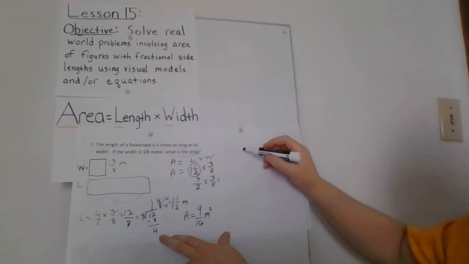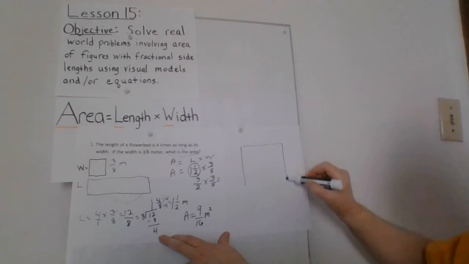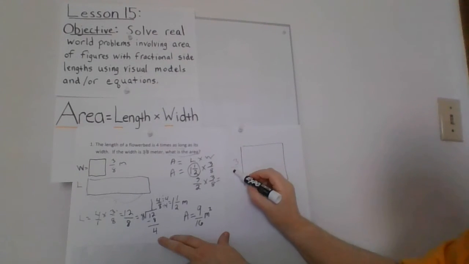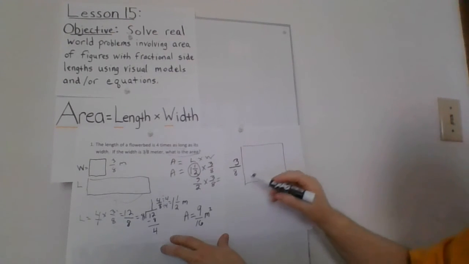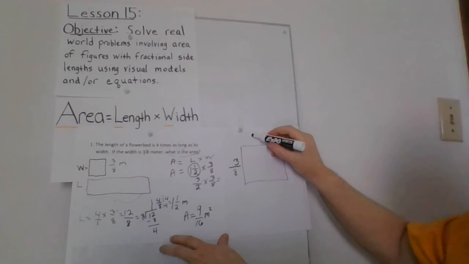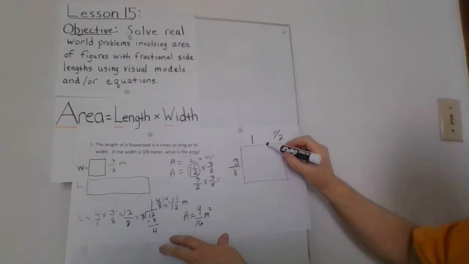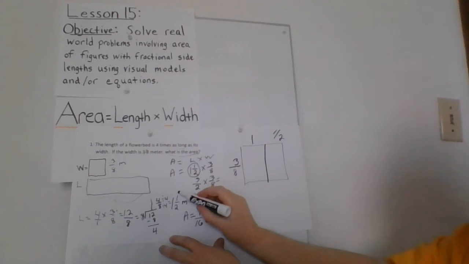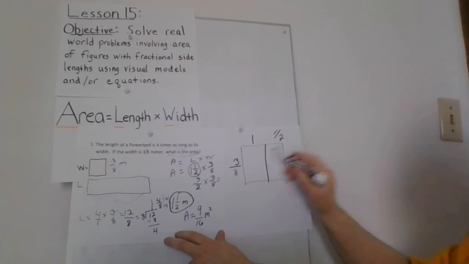So let's go ahead and show you the area model. If I did an area model, I would have my 3/8 for my width, and my length, we're going to separate into ones and my fractional part, 1/2. So remember our length. Now I can go ahead and do each section.